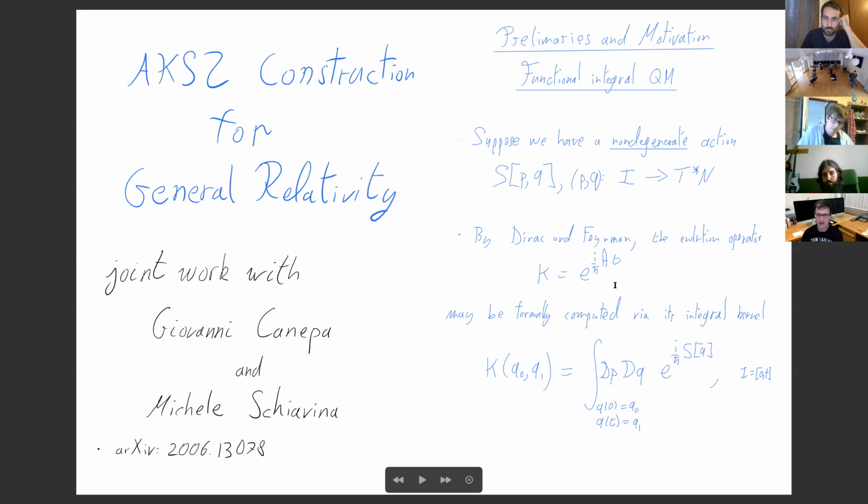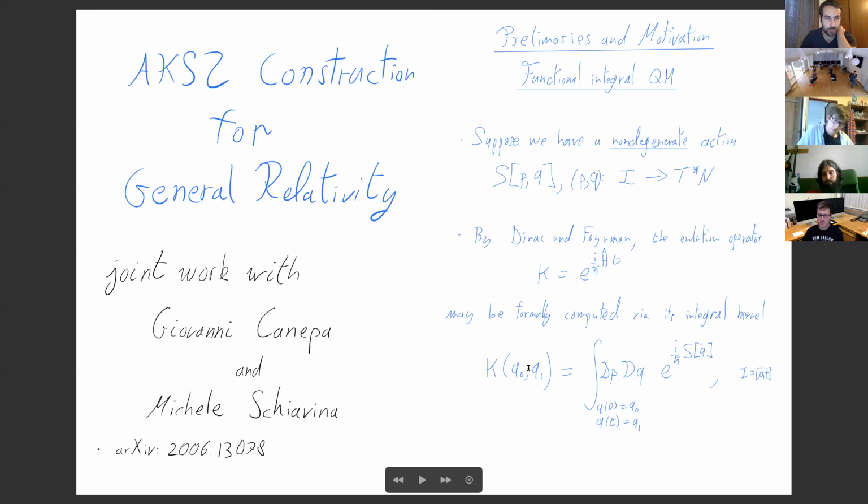What Dirac and Feynman observed is that, at least formally, you can compute the integral kernel of this operator, a function of initial and final positions, as an integral of the exponential of the action. Oh, sorry, there should be a p as well here, since it should be in q, right? Weighted by i over h bar, and you integrate over all paths in T star n.